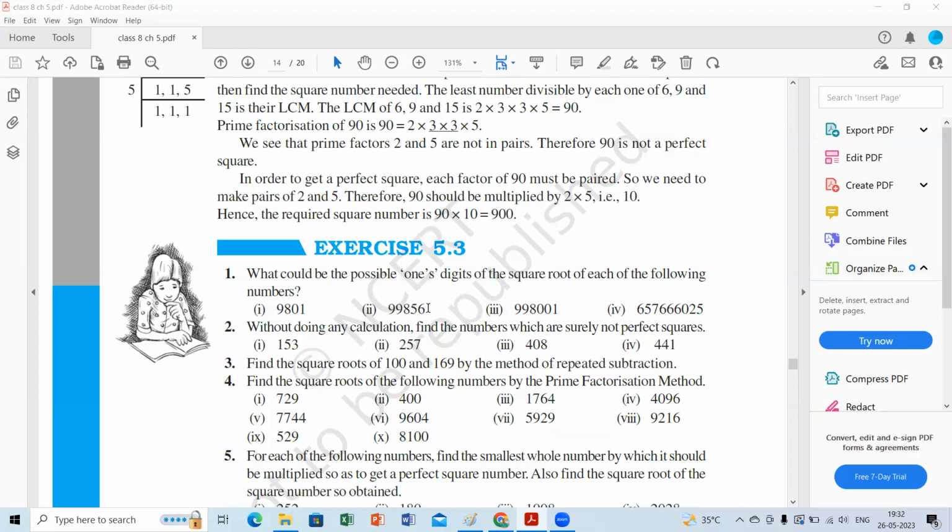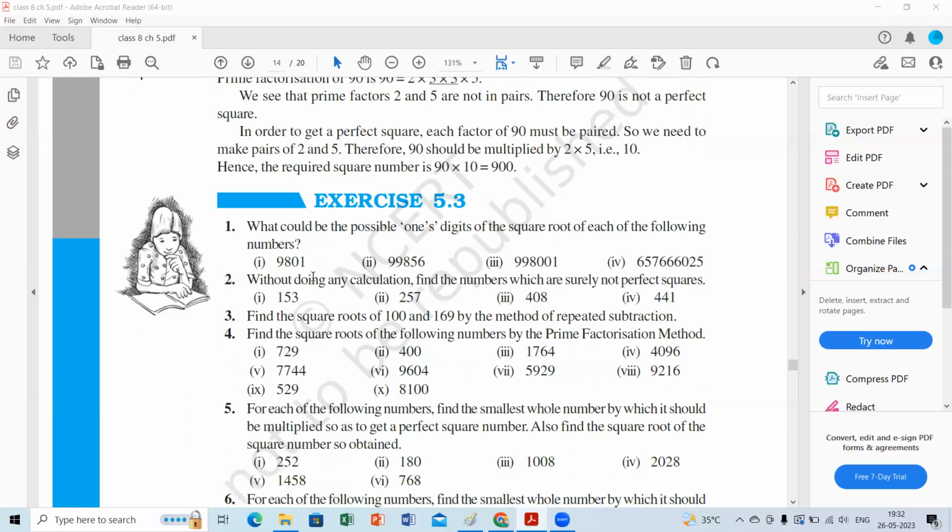For 6, the square root of 36 is 6. Very good. Next, 1 once again: the possible square root's ones digit is 1 or 9. 81, very good, it's 1. For 5, it is 5. Right, good.